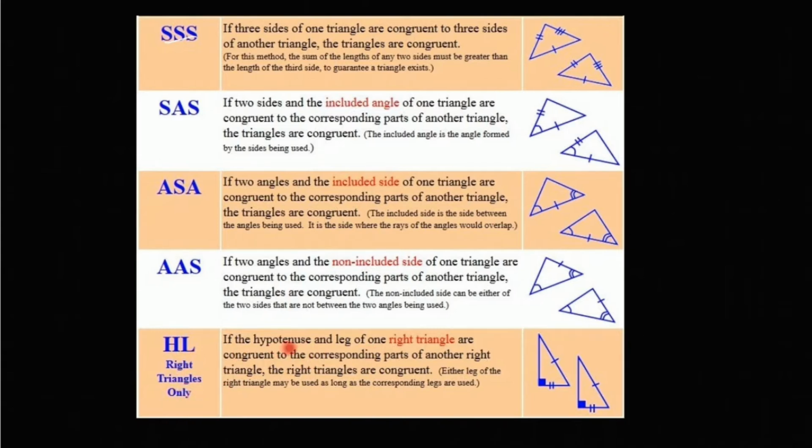H means hypotenuse and L means leg. In both right triangles, this hypotenuse equals this hypotenuse, and this leg equals this leg, either leg works. If the hypotenuse and a leg of a right triangle are congruent to the corresponding parts of another right triangle, the right triangles are congruent. It's called the HL right triangle rule.